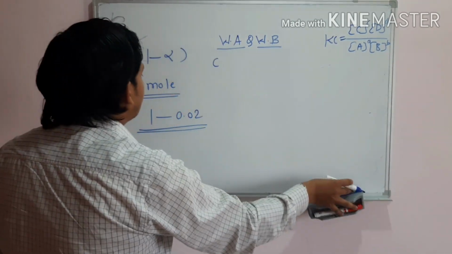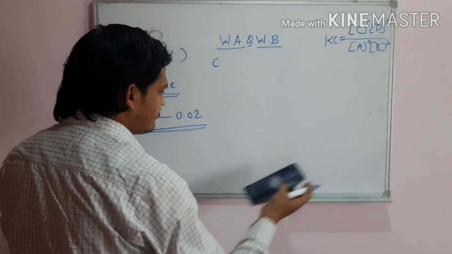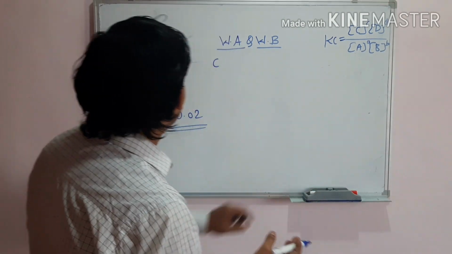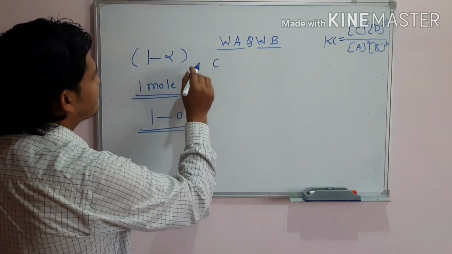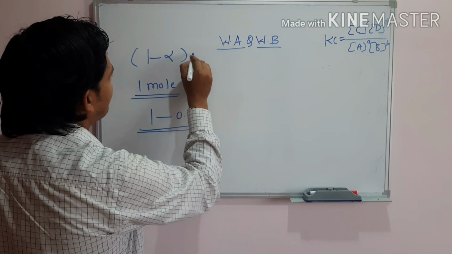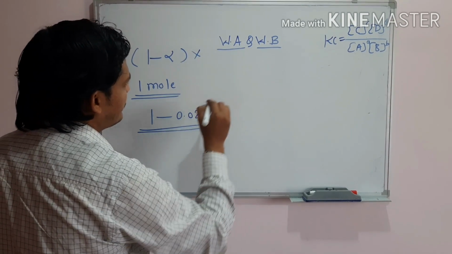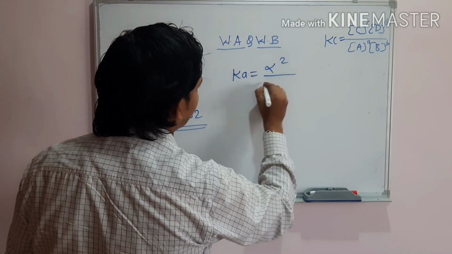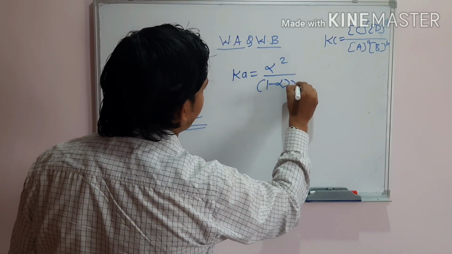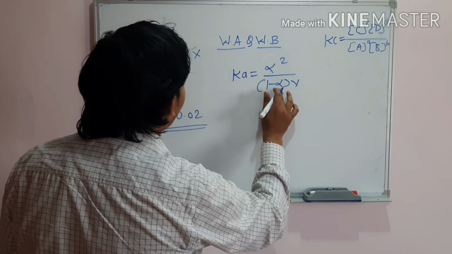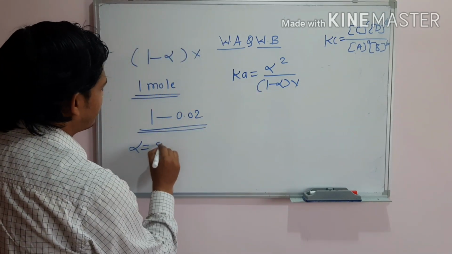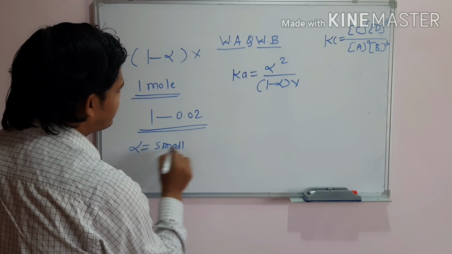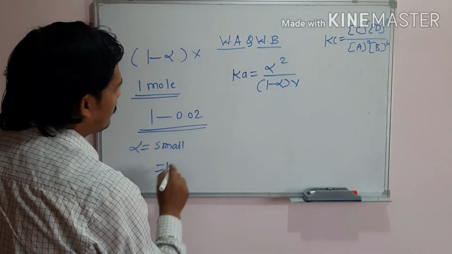Now 1 minus alpha, it is negligible. So we can't take it in the given equation. Our previous equation is K is equal to alpha square divided by (1 minus alpha) into V. 1 minus alpha is a small quantity, negligible, hence it is equal to 1.